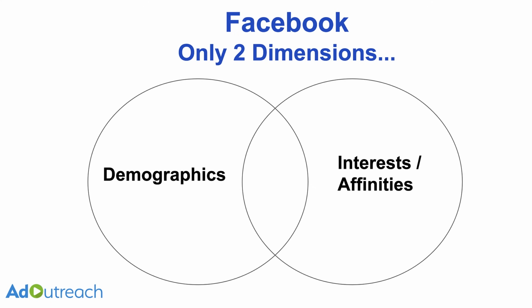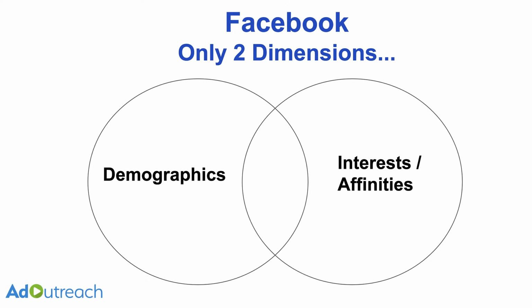The biggest problem that people have when they're running ads on Facebook, and then we'll also talk about the biggest mistake people make when they start running ads on YouTube and how to avoid that. But the problem on Facebook is you're only targeting in 2 dimensions. You're targeting demographics, right, who somebody is, and then you're targeting interests and affinities, what pages they like, what their interests are. But there's nothing about what they're doing right now.